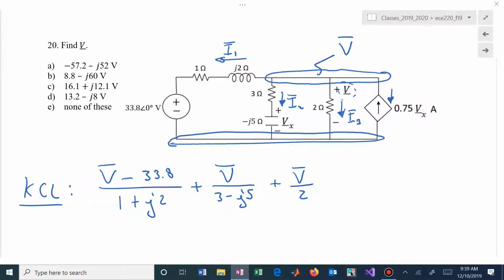And with a resistor, that's V over 2. And then we have the fourth current, which is going in the opposite direction. And now I do have to call that what it is. I don't know anything more than it's now minus 3/4 V sub x, and that sums to 0.